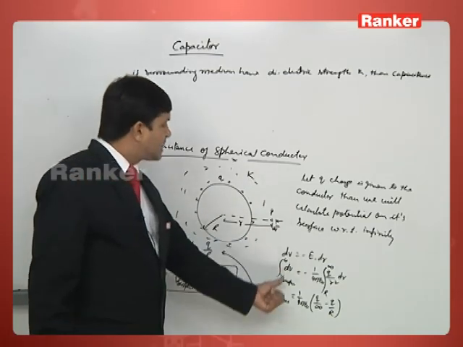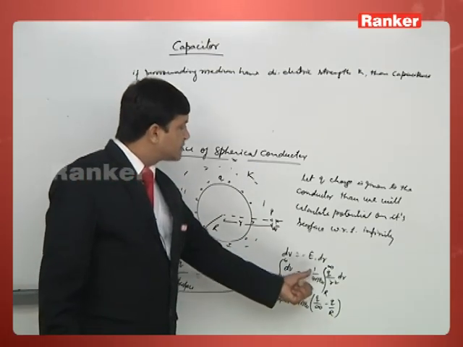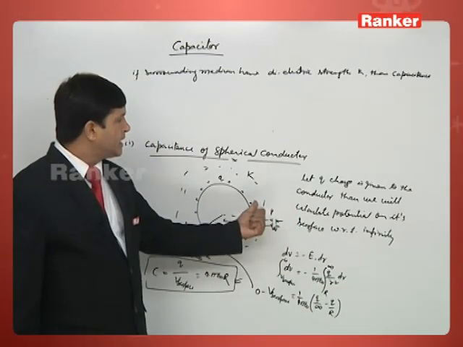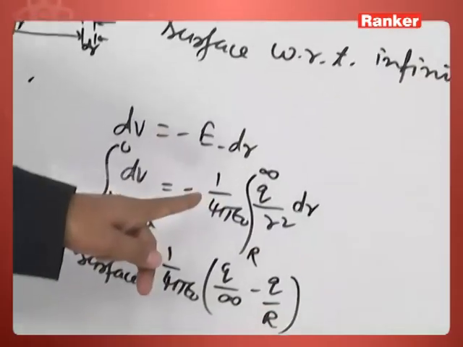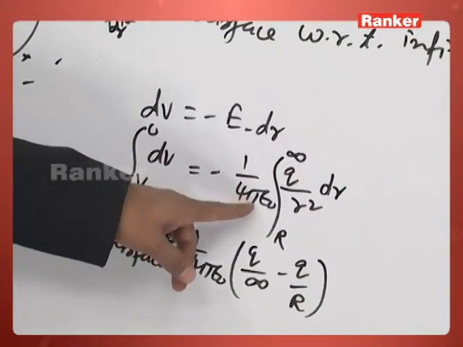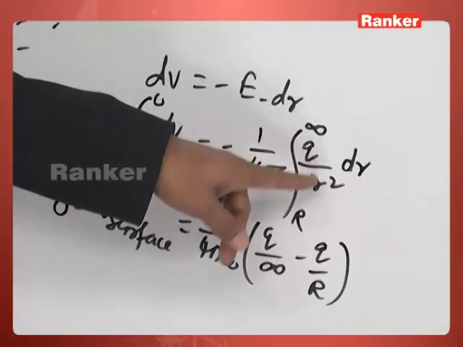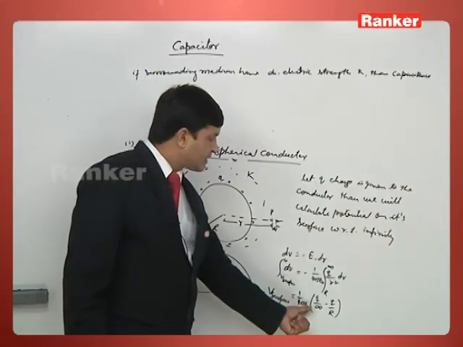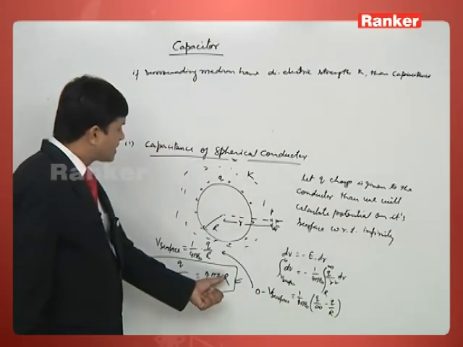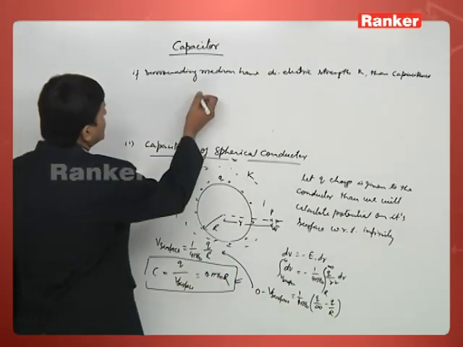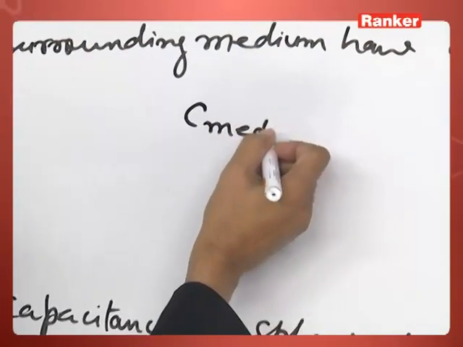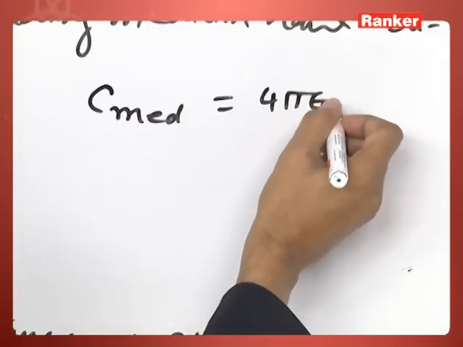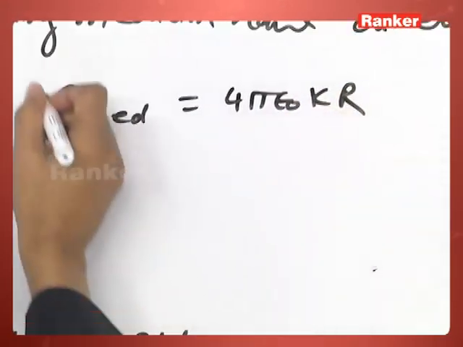In the same expression, if the medium is other than vacuum or air, the electric field is written as 1 by 4 pi epsilon naught K Q by R square. So the factor K will come into the whole expression. We can write C in the medium as 4 pi epsilon naught K times R.